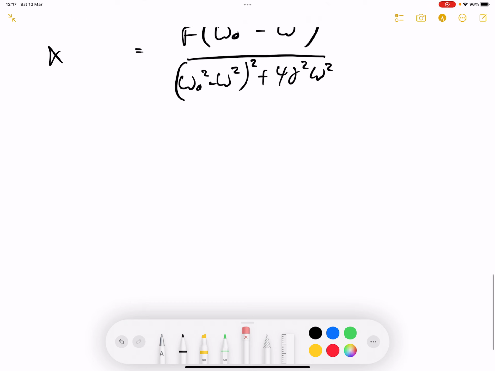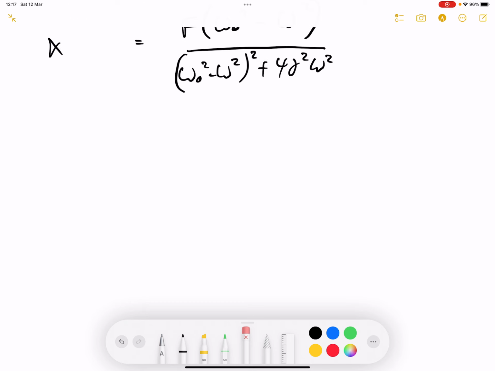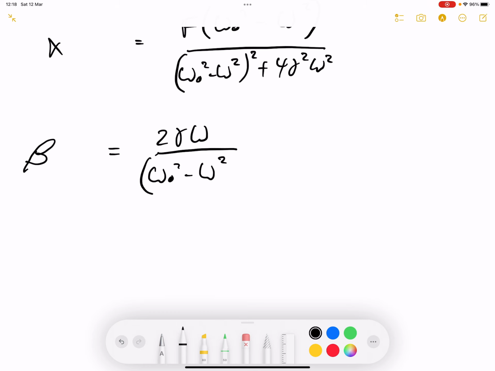Okay, let's have a bit of a look at our particular integral. So I'm just going to redefine beta just for the sake of sanity. Beta is going to be equal to 2 gamma omega over omega naught squared minus omega squared times brackets omega naught squared minus omega squared.